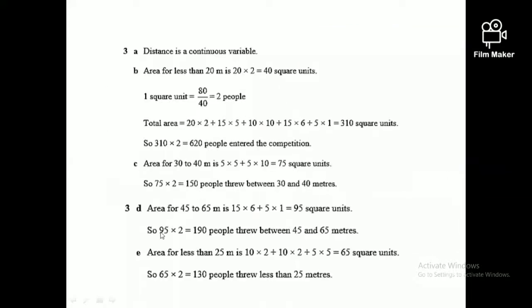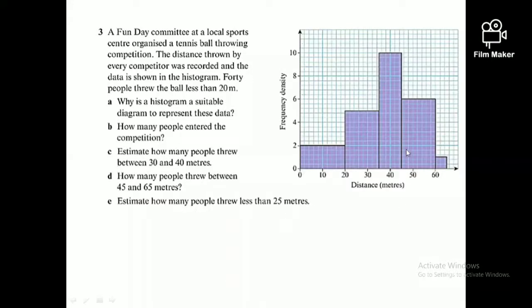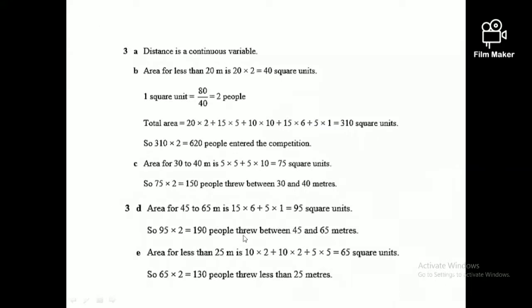There are two categories: 15 into 6 plus 5 into 1. Then how many boxes over here? There are 95 squares. Each square is 2. Therefore, there should be 190 people.